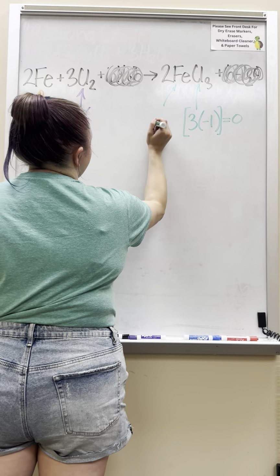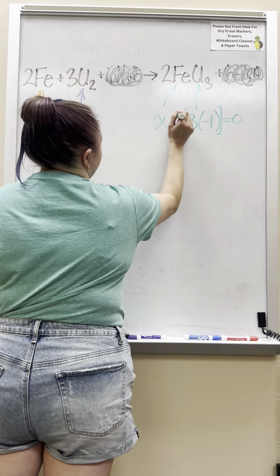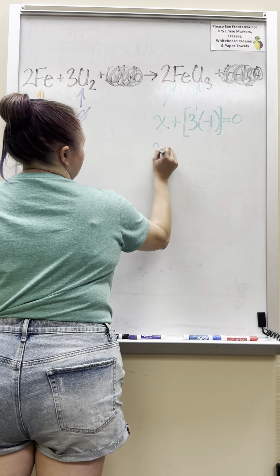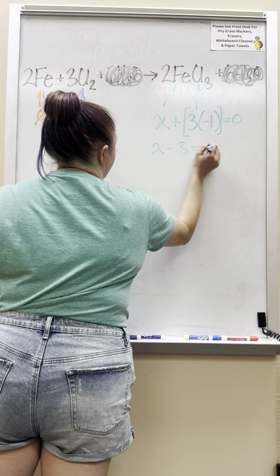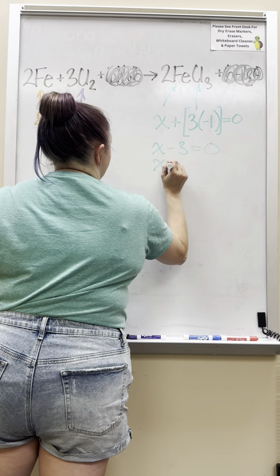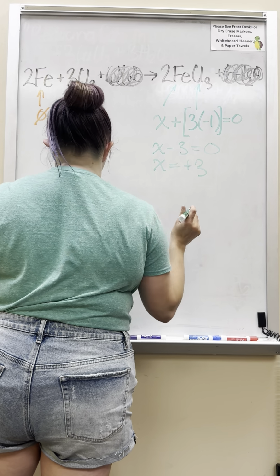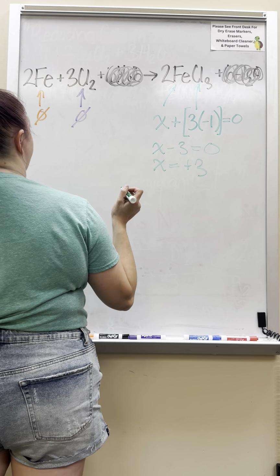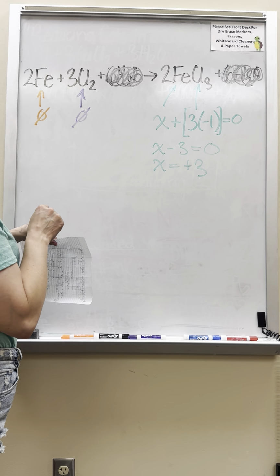That means iron is X. Okay? X minus 3 equals 0. X equals +3. Am I right? I am right. Okay.